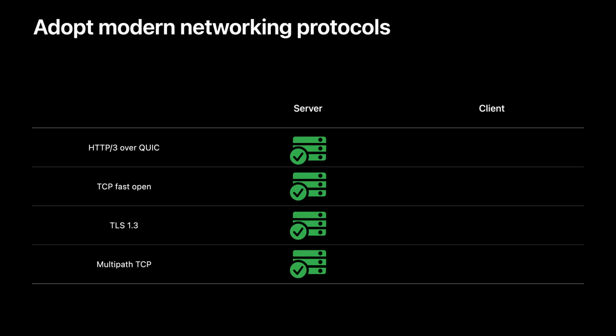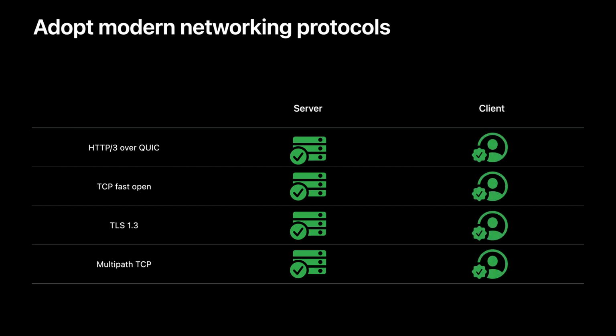Server-side support is required for all of these modern protocols, so check with your provider about their readiness. We're happy to tell you that all of these technologies are available on iOS and macOS. Let's look into each of these technologies.